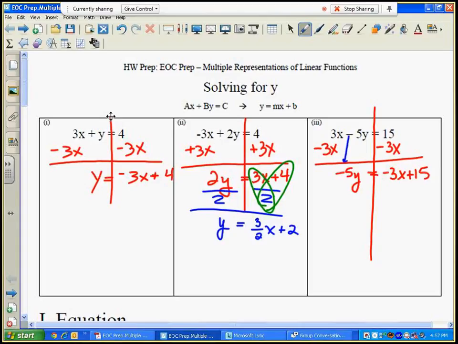And why that matters is when we do our division here, this step requires us to divide with the negative as well. So y equals, let's check our fractions here. That first one's going to be a positive 3 over 5x. And the second one's going to be a negative 3. Okay. Now the advantage of having these equations in slope-intercept form is it basically makes them much easier to graph.